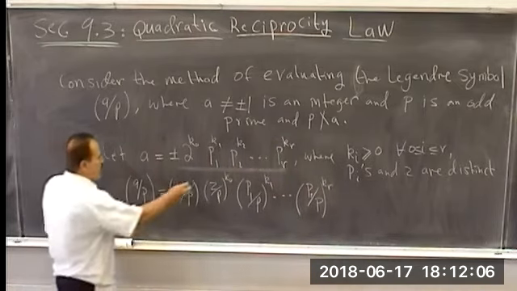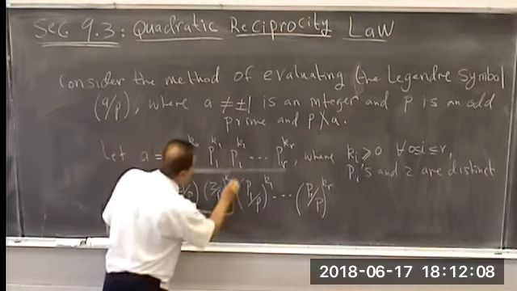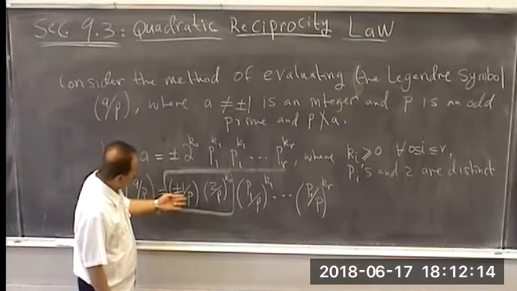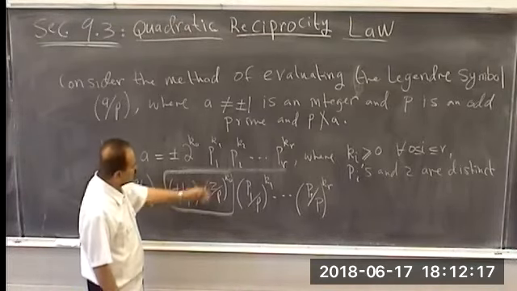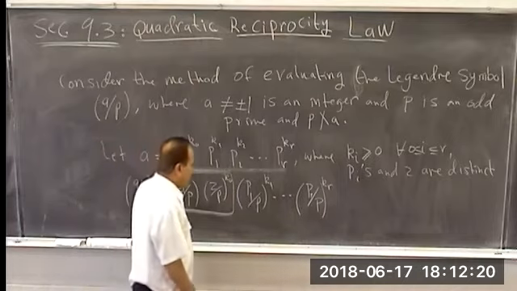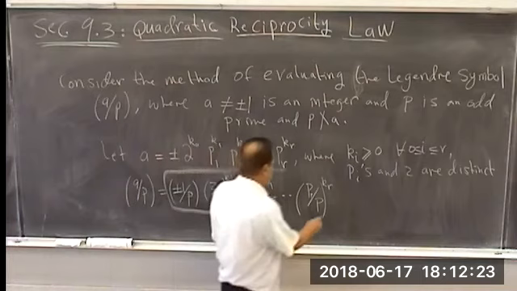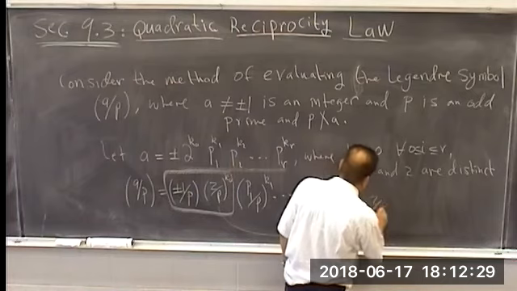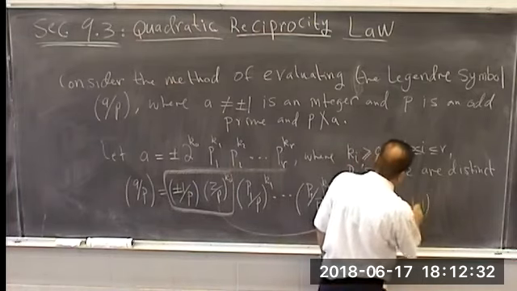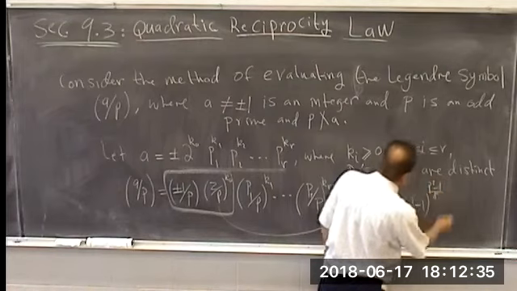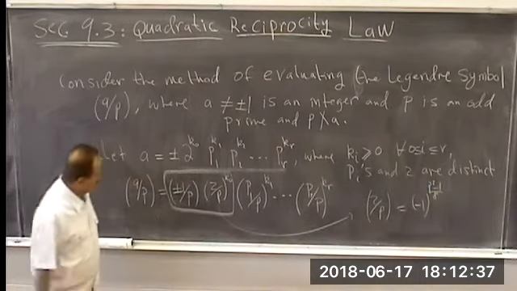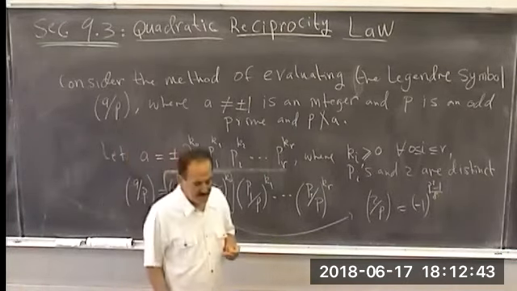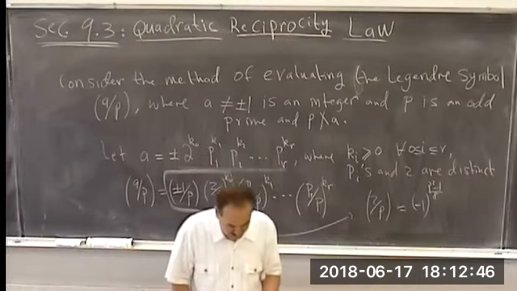We already know the values of these from earlier. The (1 over p) is equal to 1, and (-1 over p) has a formula, and (2 over p) also has a formula. In fact, the one we're going to be using more often is (2 over p), which is -1 to the (p squared minus 1) over 8. I forget the formula for (-1 over p), but there is one. I don't have it in here.